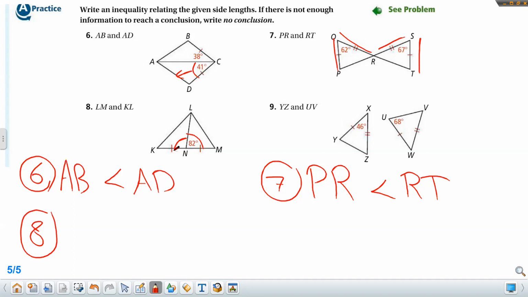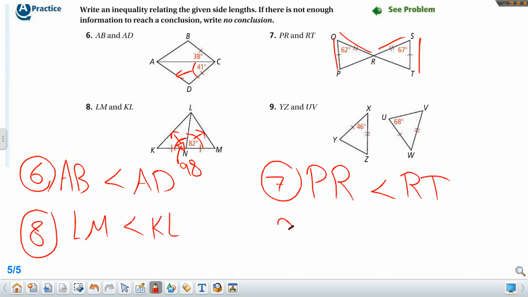So we find this angle: 180 minus 82 is 98. So 98 is bigger than 82, and the side opposite 98 is bigger than the side opposite 82. Then we can say LM is less than KL, or KL is bigger than LM.